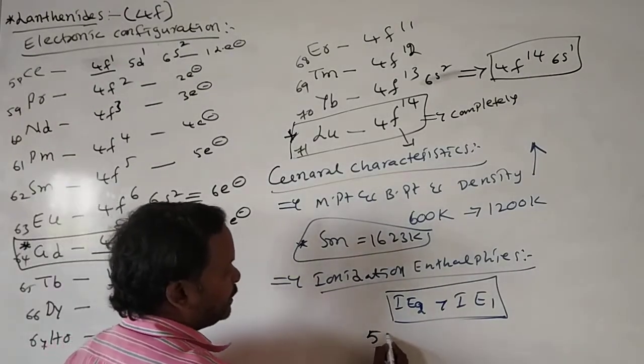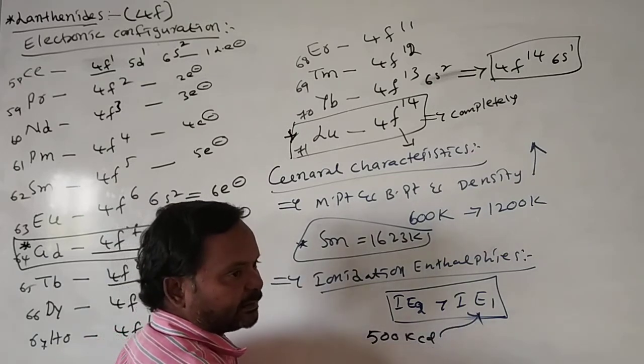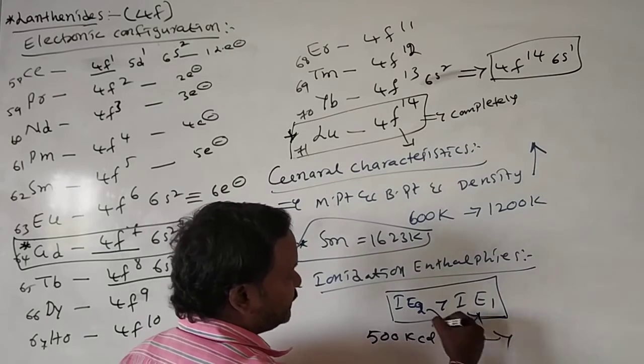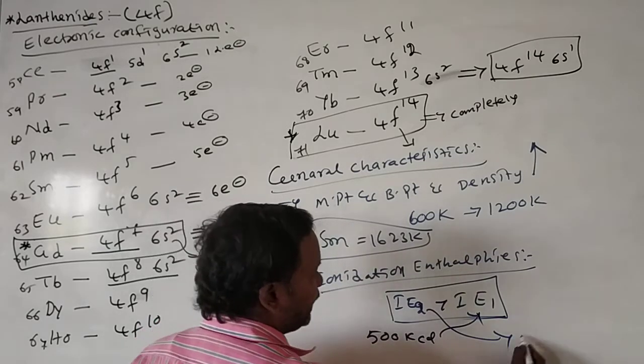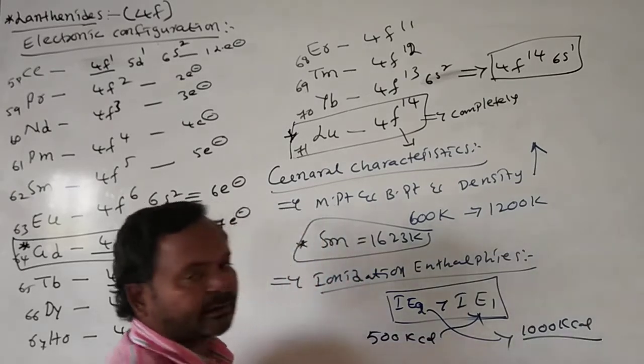Suppose, for example, 500 kilocalories of energy is required for the first ionization energy. The second ionization energy is nearly more than 1000 kilocalories.